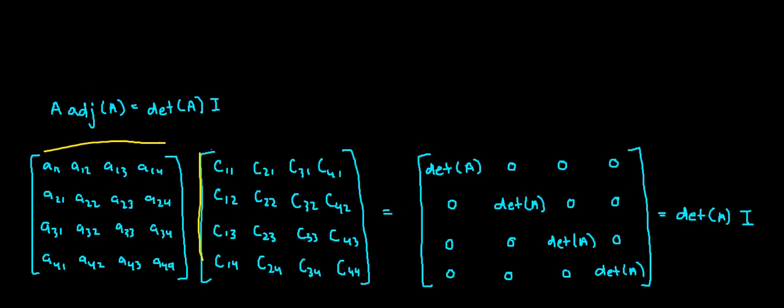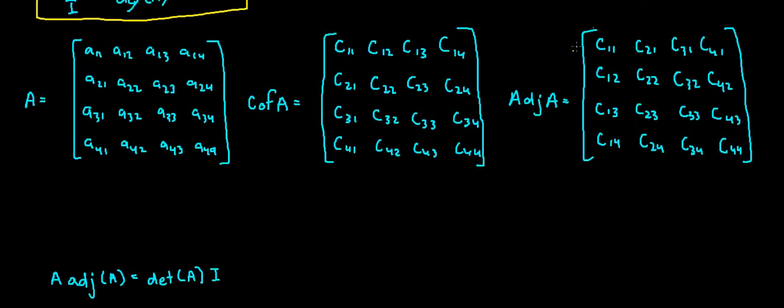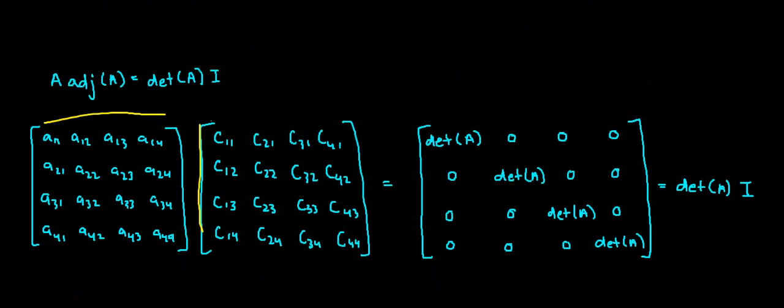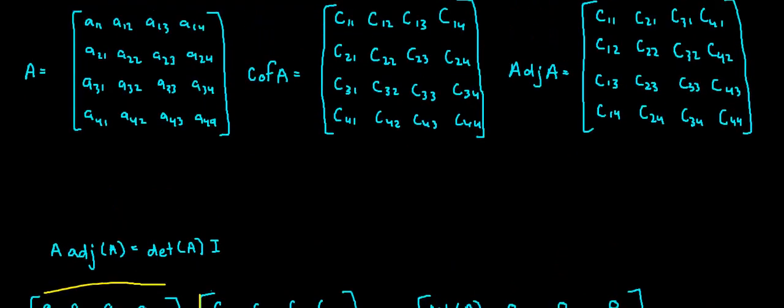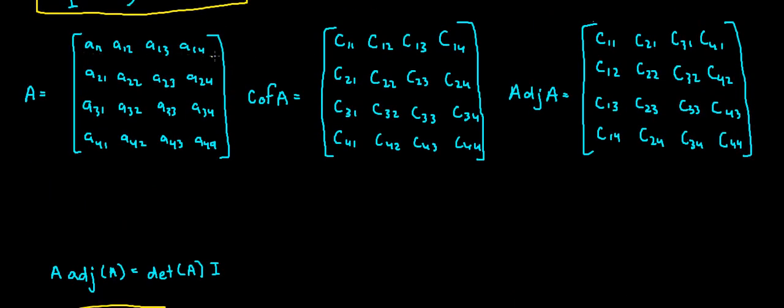So what's going on in this first multiplication, since the adjoint is just this transpose, really what's going on is I'm getting this row multiplied by this row, because this row is actually this column in the adjoint. So the first entry is going to be the determinant of A, because we've got this row multiplied by this row. They're the same rows, so it's going to be the determinant.